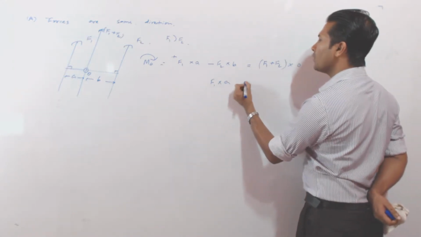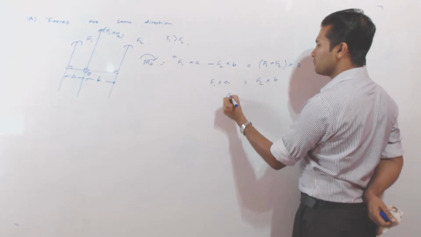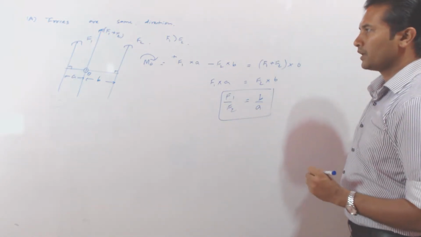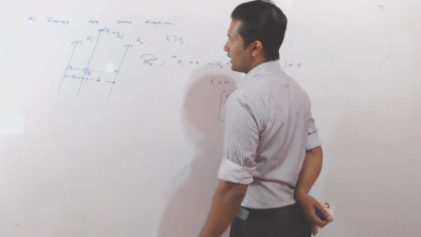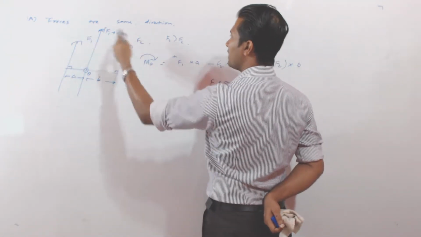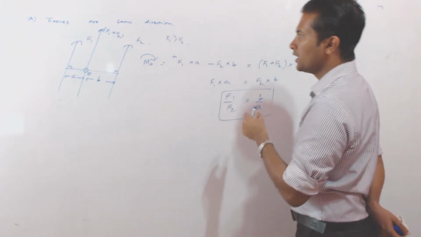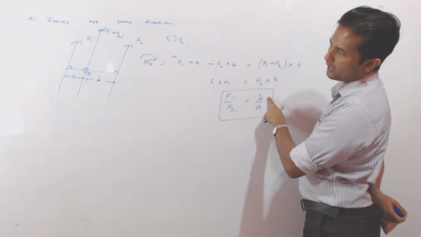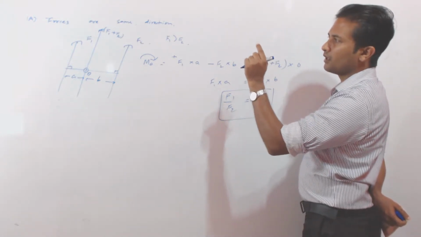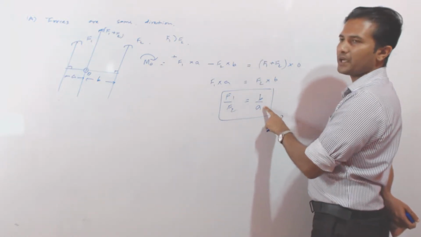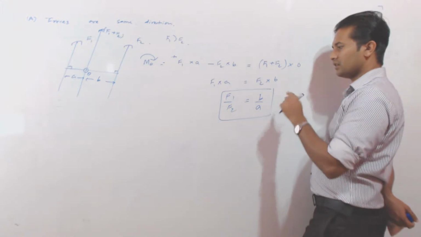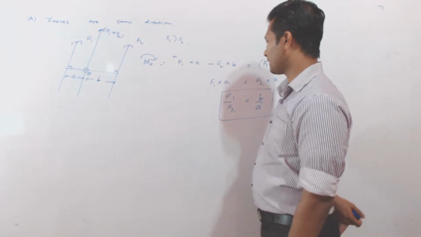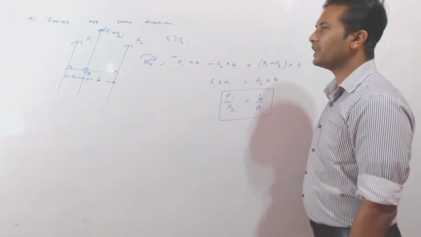So ultimately F1 into A equals F2 into B, which means F1 divided by F2 equals B divided by A. Actually, F1 divided by F2 equals the perpendicular distance involving F2 divided by the perpendicular distance involving F1, which is the other way around. F1 divided by F2 equals B divided by A.